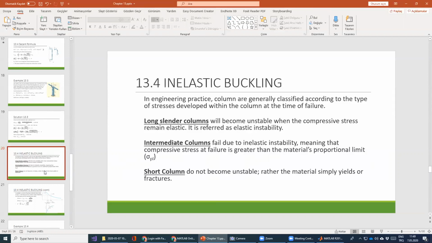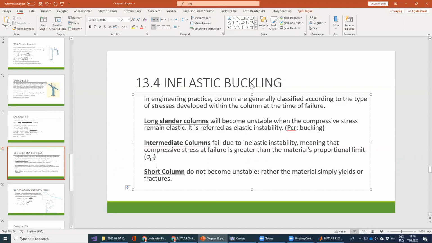For long slender columns, the critical load obtained from buckling is much more important, therefore yield is not very important.